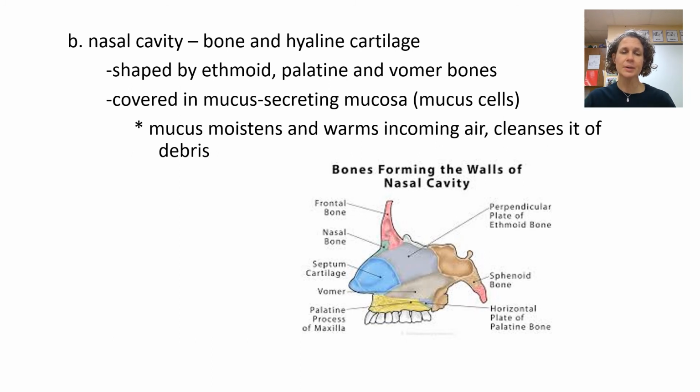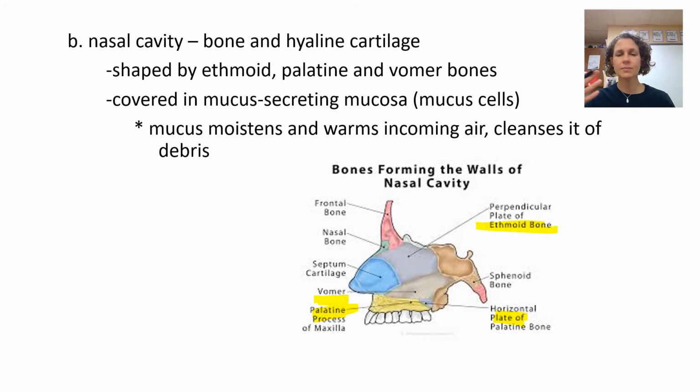So this, of course, is a cross section, and you can see some of the other bones. There's the frontal bone on there, which I didn't list because it's not a huge part, as well as the sphenoid bone kind of towards the back. But my main ones that I would have listed are, I'm highlighting now, the vomer, here's the palatine part, and then there's the ethmoid up here.